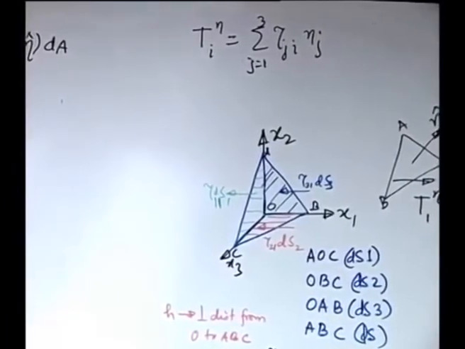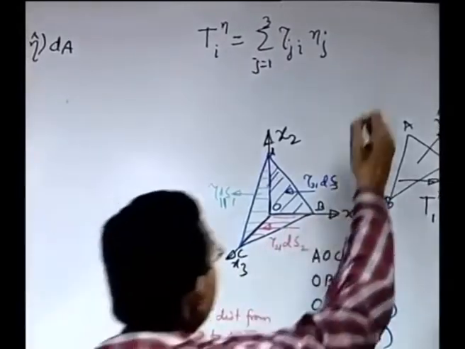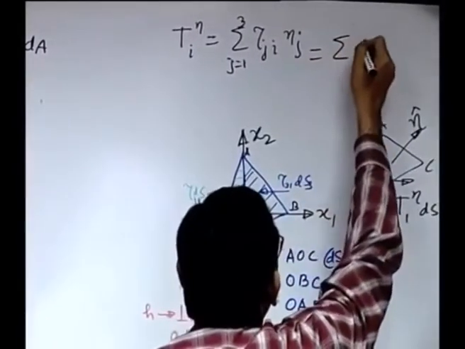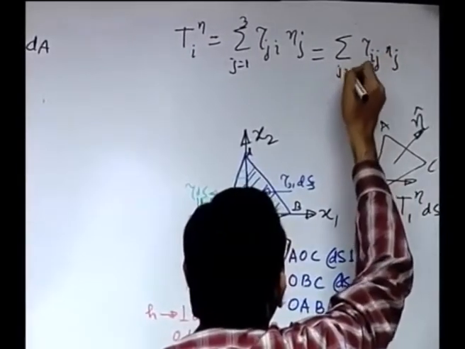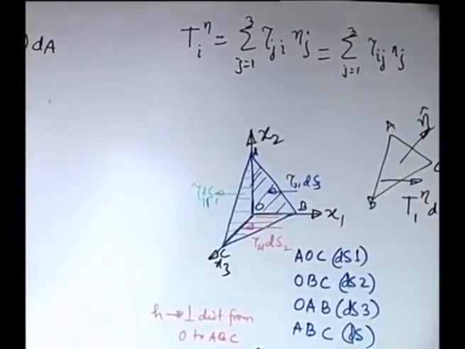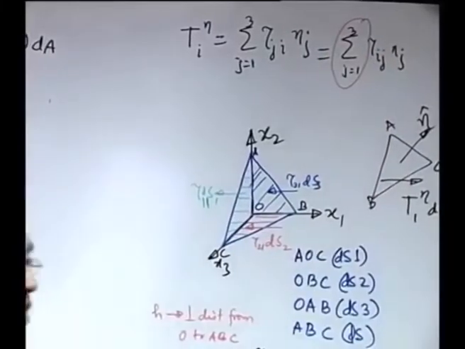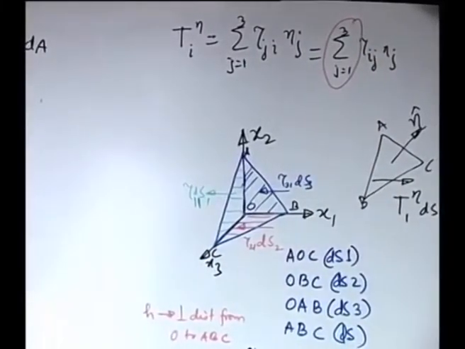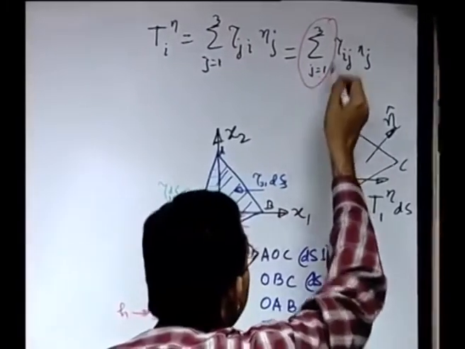Now, because tau jI is equal to tau Ij, this is as good as... when we write this, we usually omit this summation, that is known as Einstein's convention. That is, when you write this, you keep in mind that there is an invisible summation.